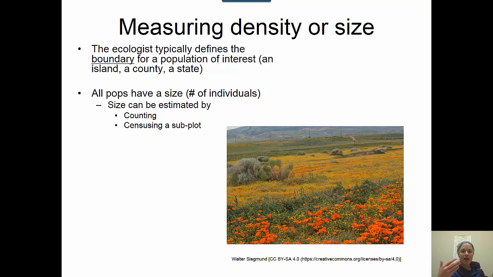And you do that a few times in order to come up with an average number of individuals per meter squared, which would be a density, or you can actually just take that number on a per meter squared basis and multiply it by the size of your population boundary, and then you can get an estimate of the number of individuals in that population.